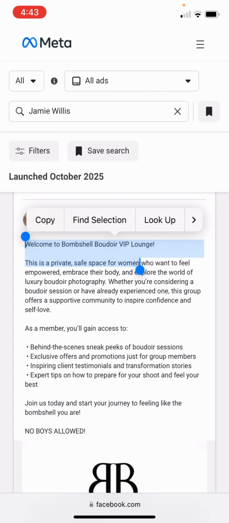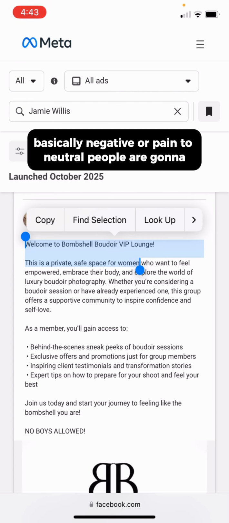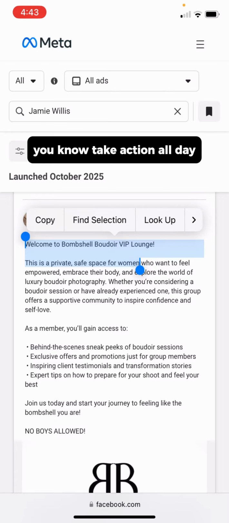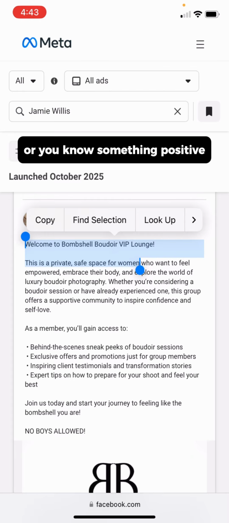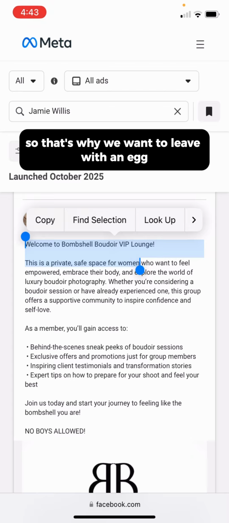So basically negative or pain to neutral, people are going to take action all day, but neutral to a gain or something positive, much fewer people do it. So that's why I want to lead with a negative.